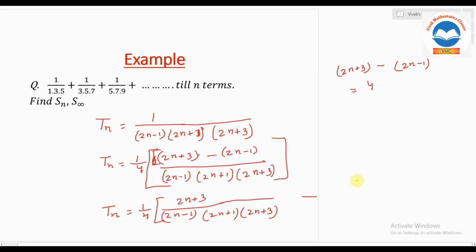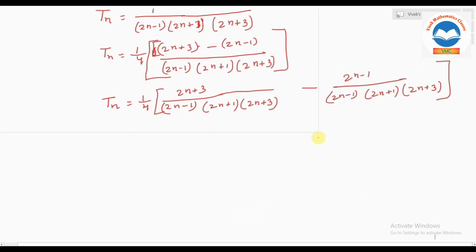Minus, here will be left 2n minus 1 divided by 2n minus 1, 2n plus 1 and 2n plus 3. So what we'll do? In the first term 2n plus 3 will be cancelled out. In the second term 2n minus 1 will be cancelled out. So this will be cancelled out. Here also this will be cancelled out.